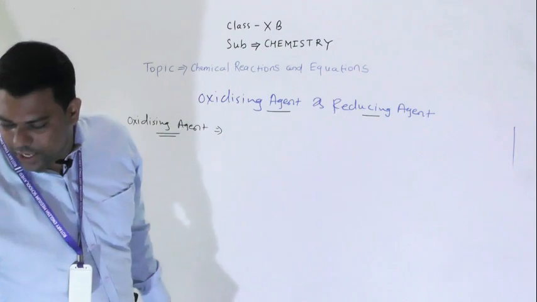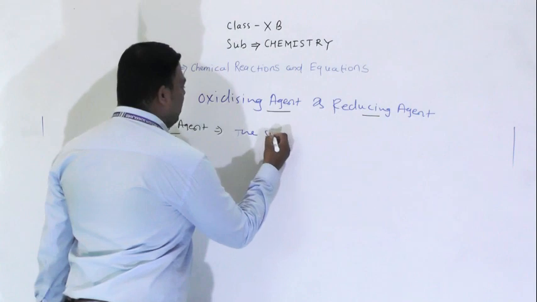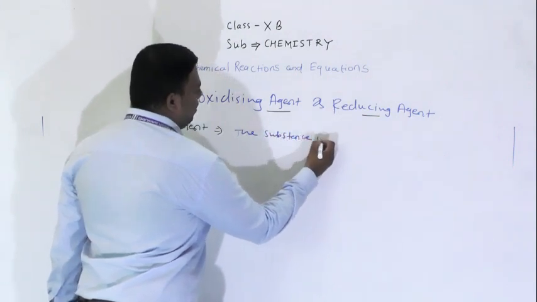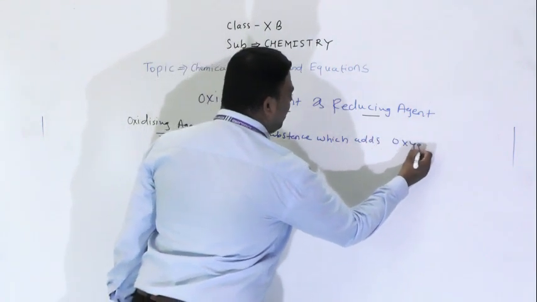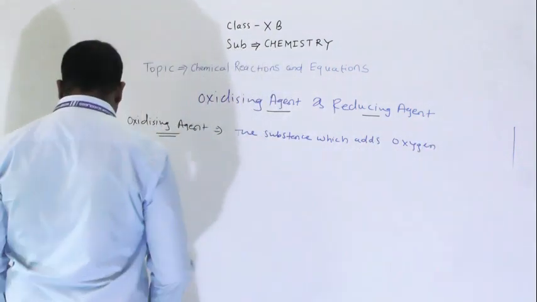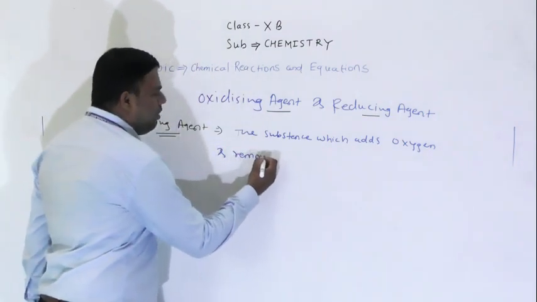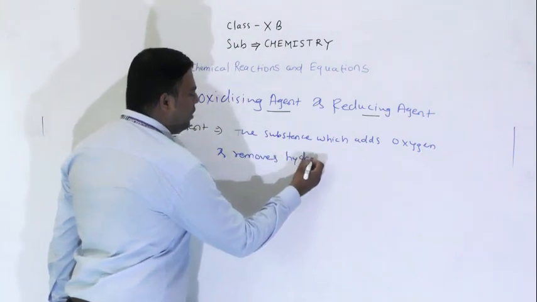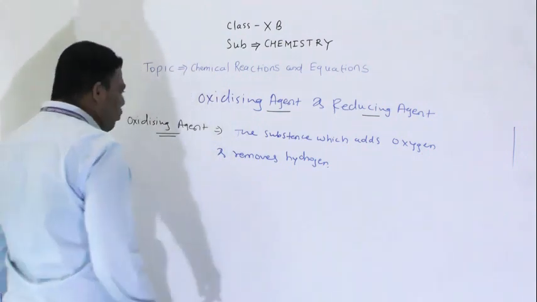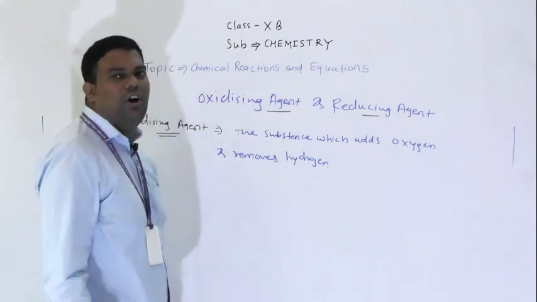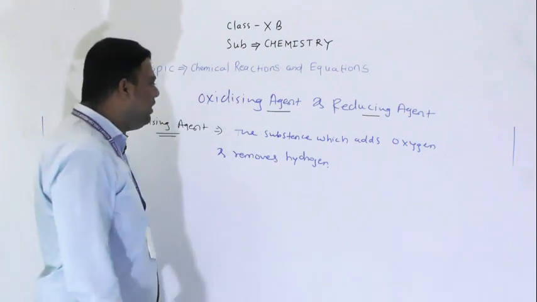Okay, so this oxidizing agent here, the substance which adds oxygen and removes hydrogen, or removes electrons from the other substances, we call it an oxidizing agent.